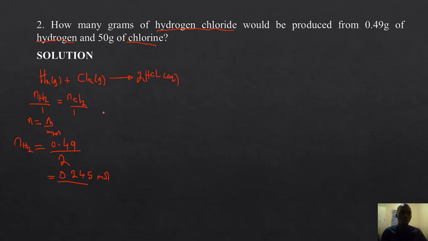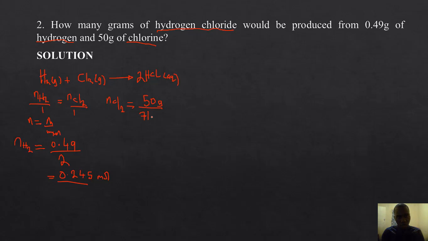Then you also calculate the number of moles of Cl2, which is equal to mass over molar mass. So the mass given in the question here is 50 grams, divided by chlorine, which on the periodic table is 35.5, multiplying by 2 because it's Cl2, it is going to be 71.